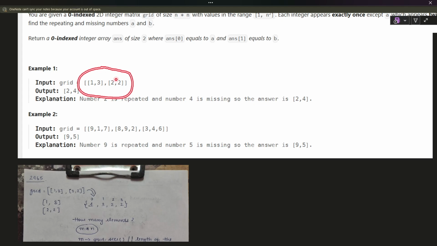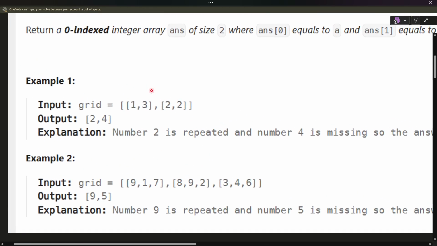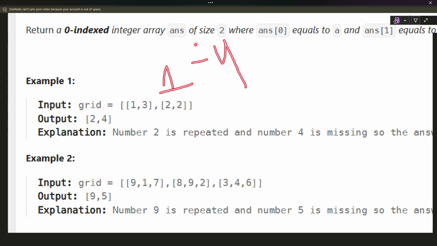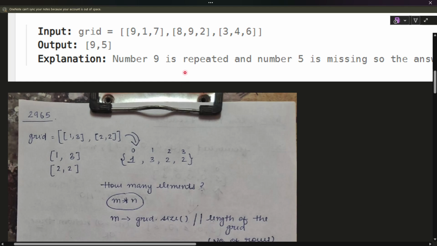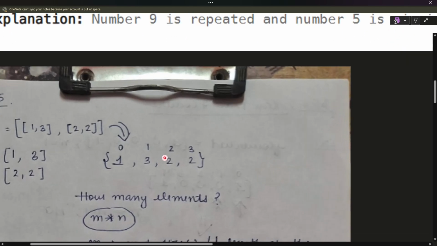We are given the input in 2D form, but it's similar to being given in 1D form. So we can solve it the same way, because we know the numbers are 1 to 4. Can't we just create an array of size 4 and calculate how many times each element occurs? Then we can identify which element is missing or repeating.